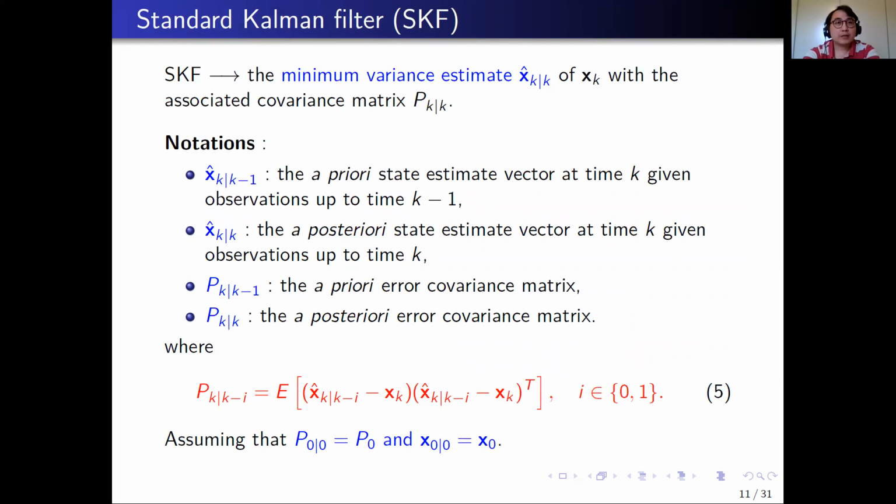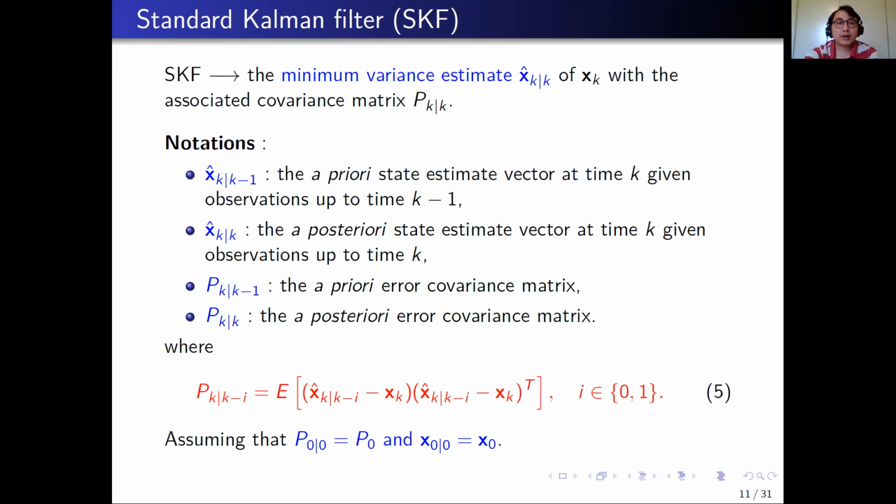Now let's take a look at some reviews of the standard Kalman filter, also called the conventional Kalman filter, to recall some notation which will be used next. The standard Kalman filter provides the minimum variance estimate x hat k|k of the real state x_k with the associated covariance matrix P_k|k.